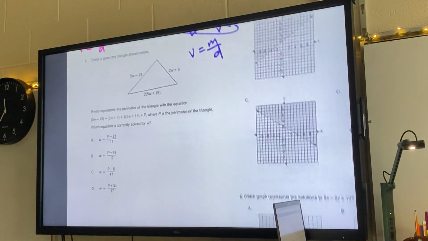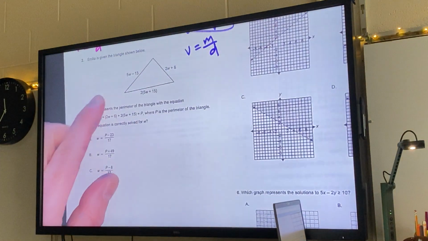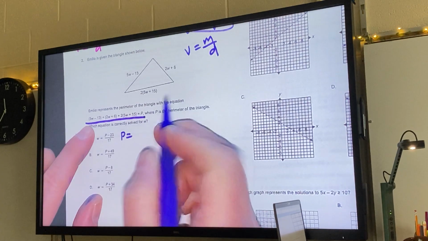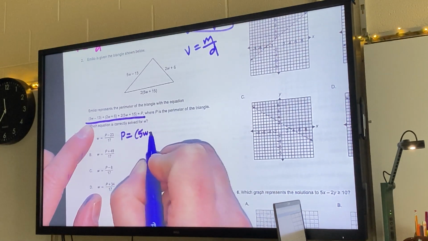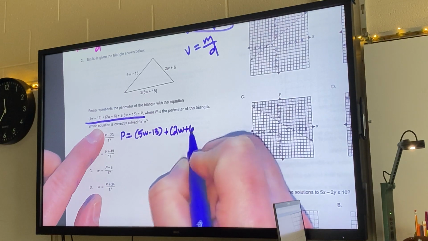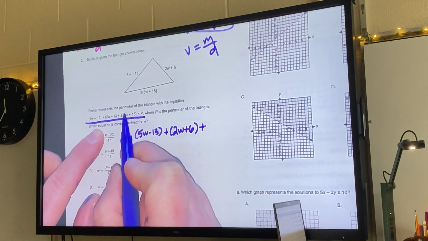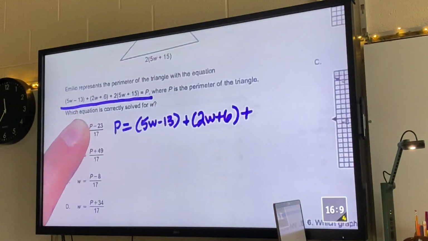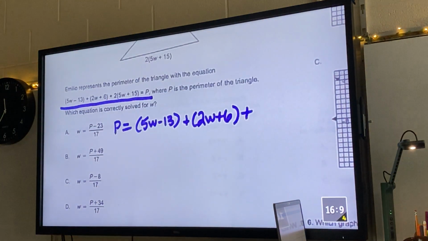For number 2, you're kind of doing the same thing. You've got that perimeter equals, I'm going to rewrite this, 5W minus 13 plus 2W plus 6 plus, now what would you do with this 2 out in front of these parentheses? When you have a number out in front of parentheses like that, what do you got to do?